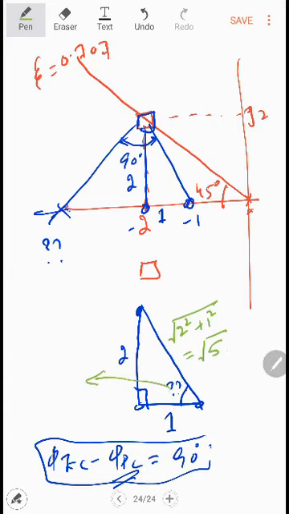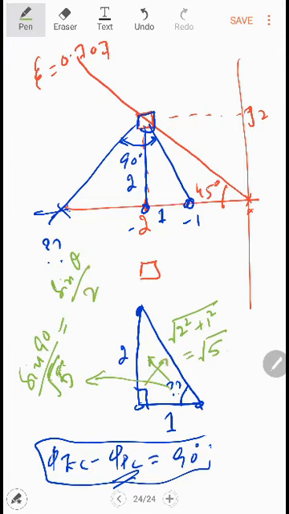We can easily find it from the opposite angle identity, which means that sine 90 divided by under root 5 will be equal to sine theta divided by 2, opposite to this one and opposite to this one.